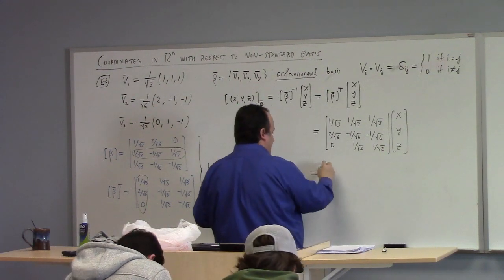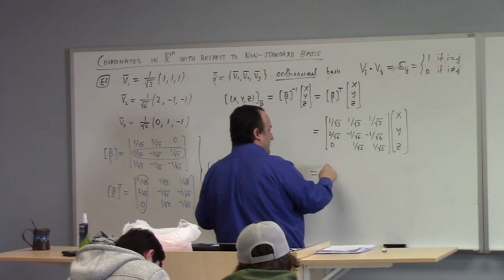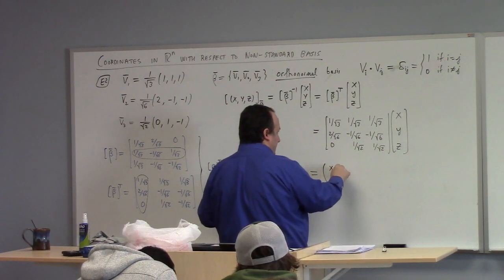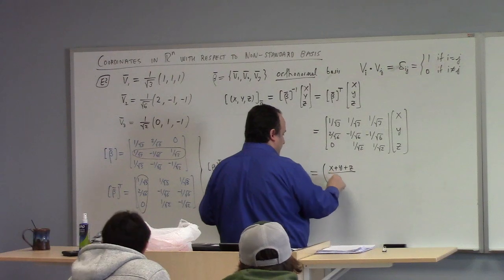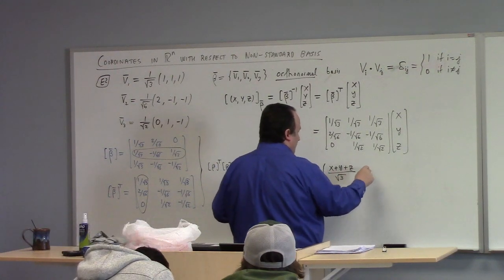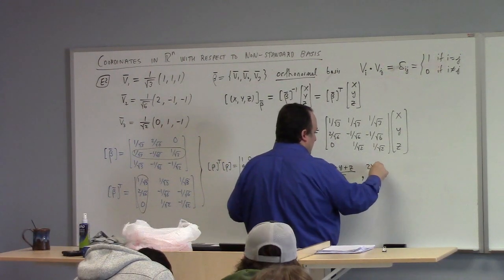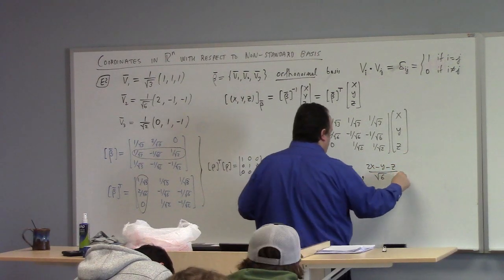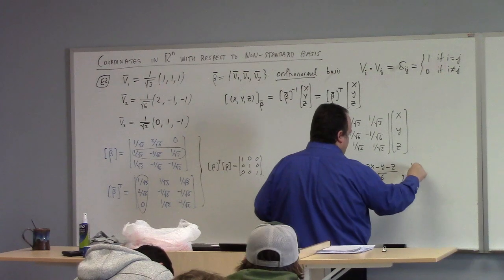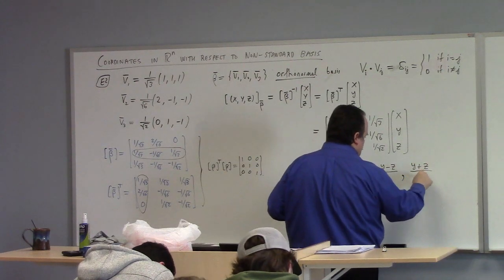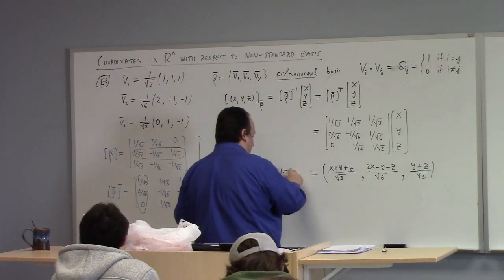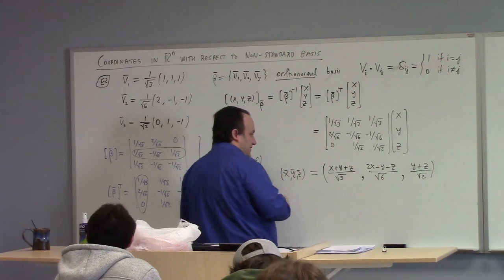And that gives us, and I'm going to write it this way because it's easier to read, x plus y plus z divided by the square root of 3, comma, 2x minus y minus z divided by the square root of 6, comma, y plus z over the square root of 2. That, my friends, is the x bar, y bar, z bar coordinate system.